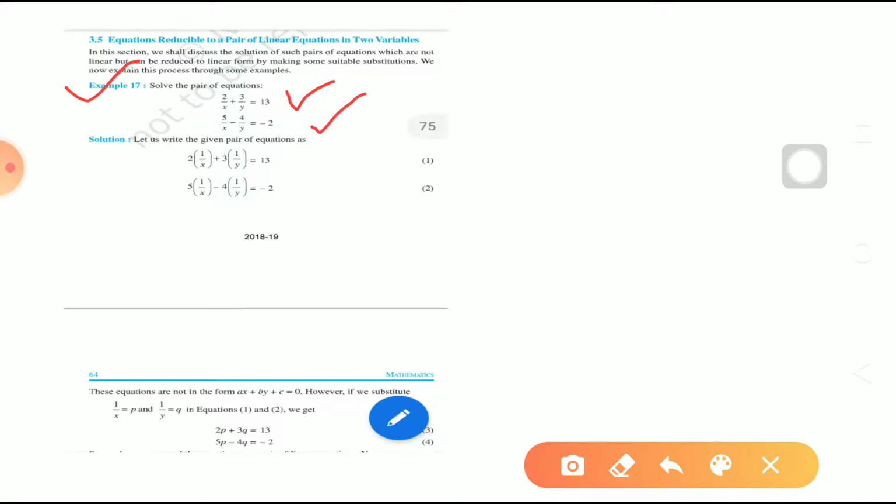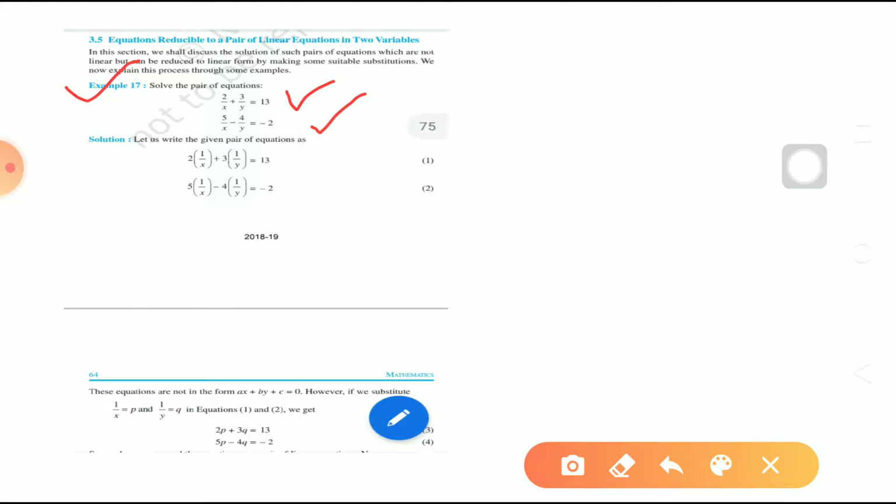In your previous discussion, we have discussed how to solve linear equations in two variables. But these are not linear equations in two variables. Here two variables are given, x and y, but the equations are not linear.